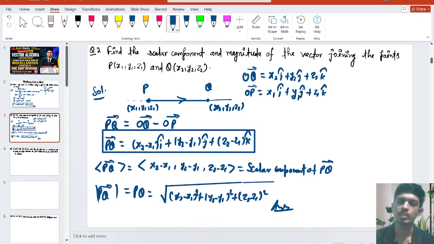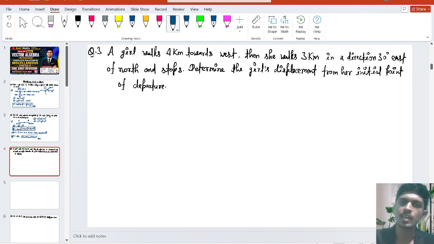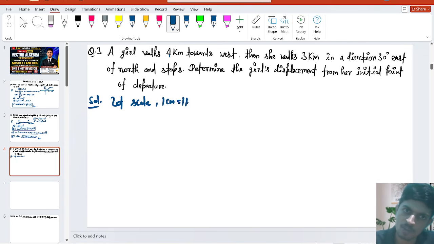I hope it is clear to you. Coming to the next question: a girl walks 4 km towards west. We are not able to draw 4 km here, so we simply take a scale: 1 centimeter is equal to 1 kilometer.